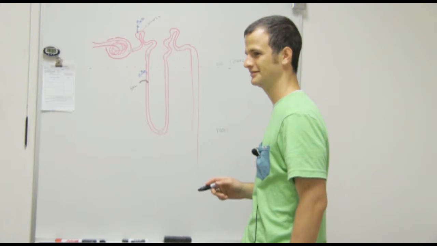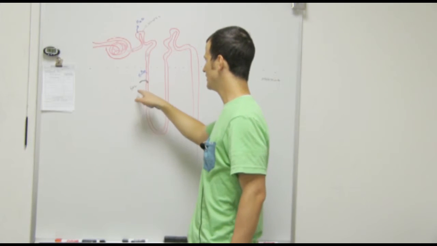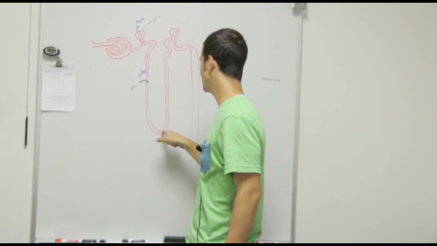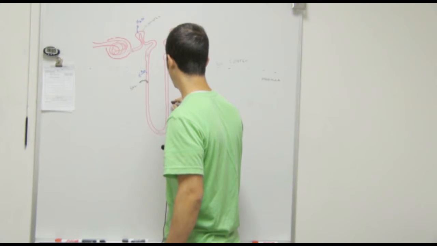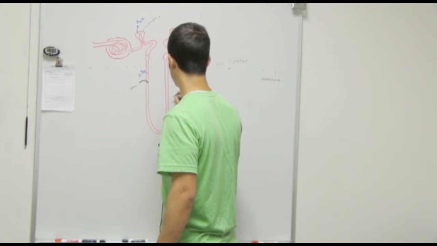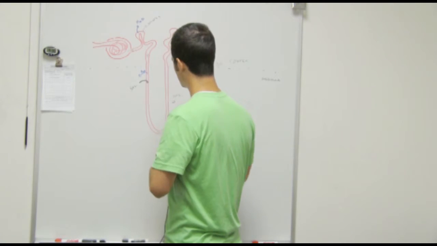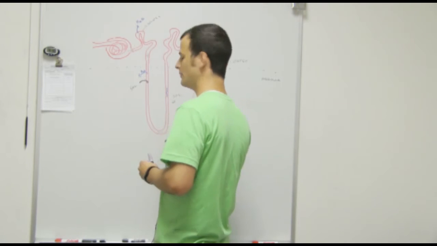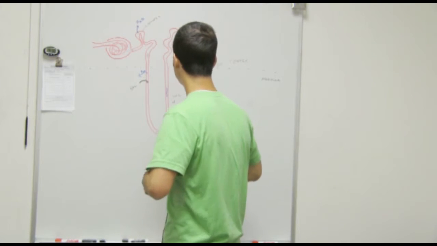Other ions? Yeah, so the ions make it more concentrated, right? So if we want to get to a lower concentration, what we'd have to do is take out ions, right? So we're getting rid of solutes, and water is staying in here, because it can't pass through. So just this side is impermeable? Yeah.